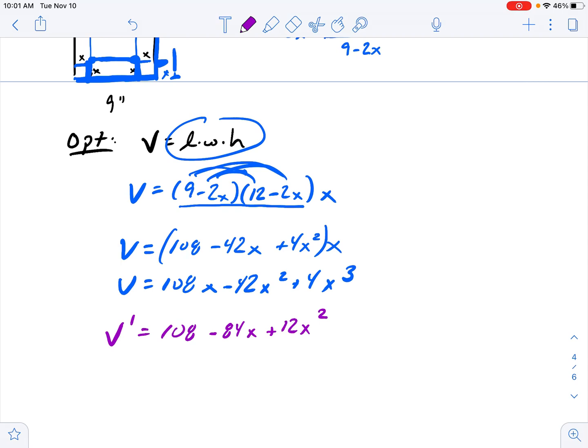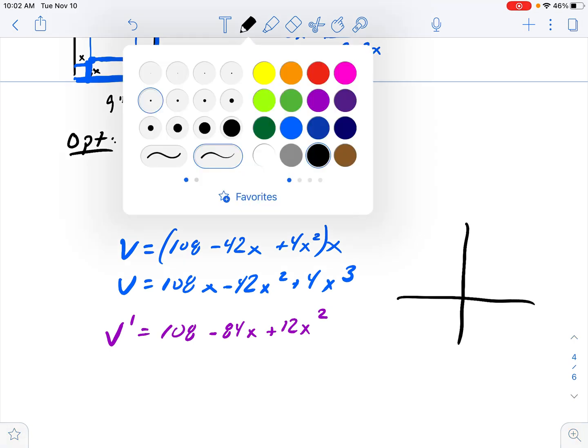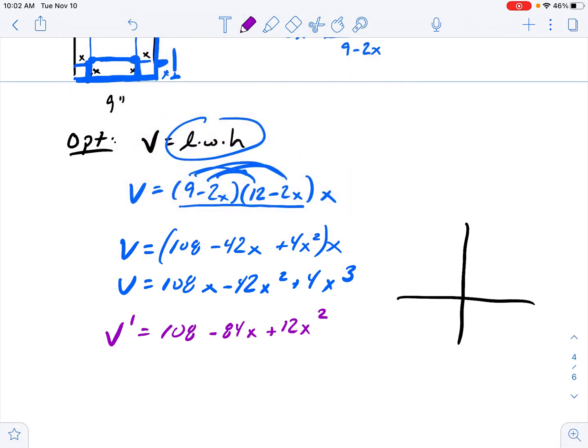And it's just a parabola. You can set it equal to 0 and solve by hand if you'd like. But again, I am going to graph this on my calculator. And when I graph this parabola on the calculator, it looks something like this. Okay? We want max possible volume. We're looking where V prime changes from positive to negative. That's right there. Okay?